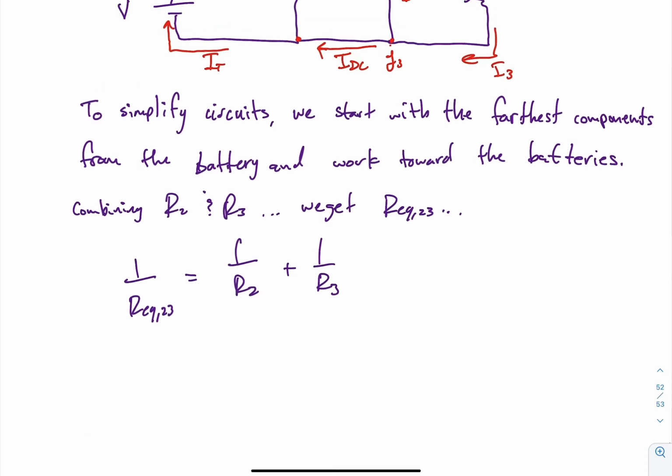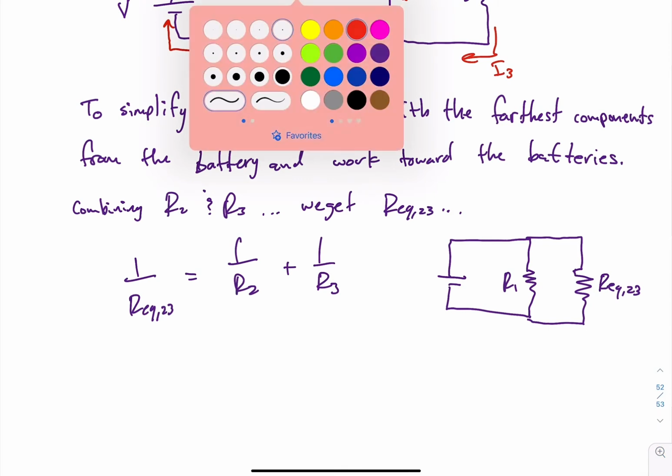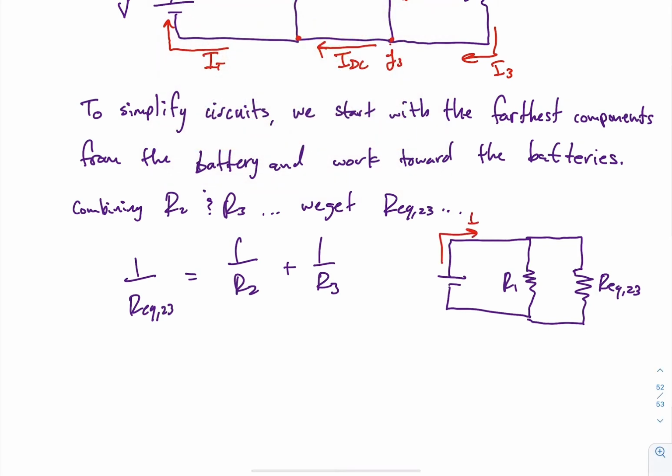And so I can show that what we're really doing is combining R1 and R2 and R3. So here's R1, and this is R equivalent for 2 and 3. And what we've effectively done is made our circuit smaller.